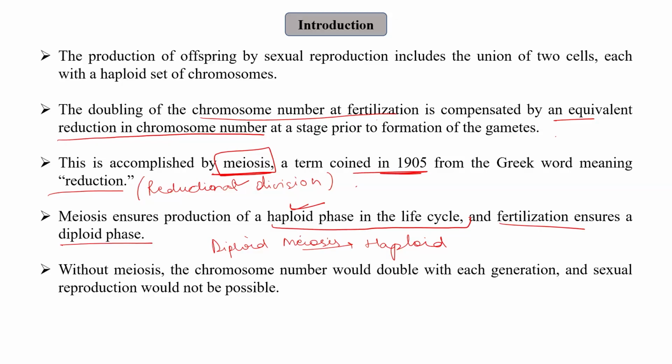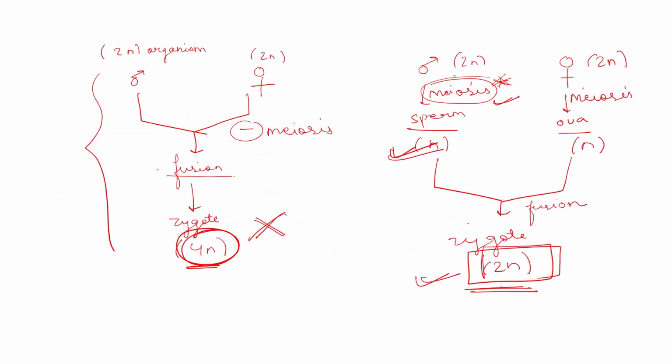As I already said, this diploid to haploid conversion happens by meiosis, and upon fertilization, the formation of the zygote again results in a diploid phase.